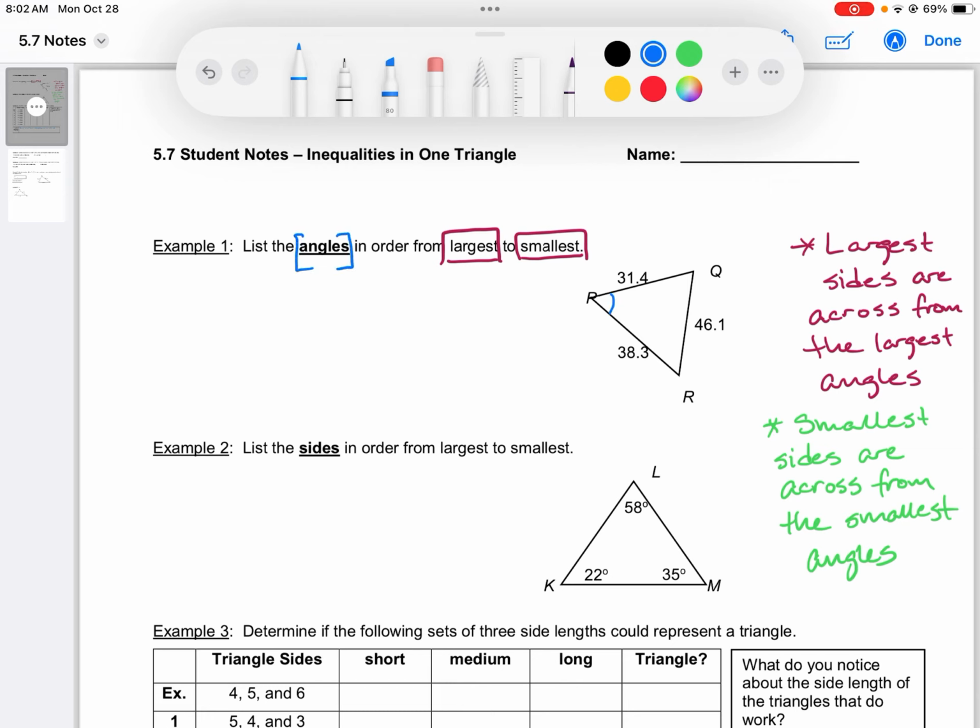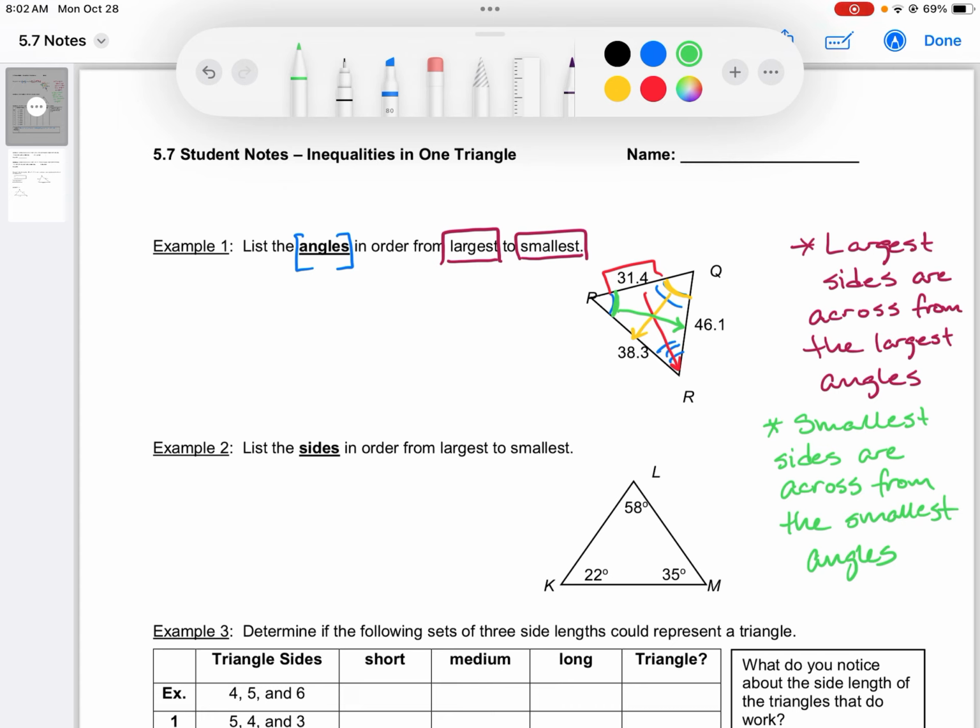So if we look at this first example, it wants us to list the angles, and we don't have any angle values in this triangle. We don't know anything about them, but we do know the sides, and we know that the shortest side is across from the shortest angle, and the largest angle is across from the largest side.